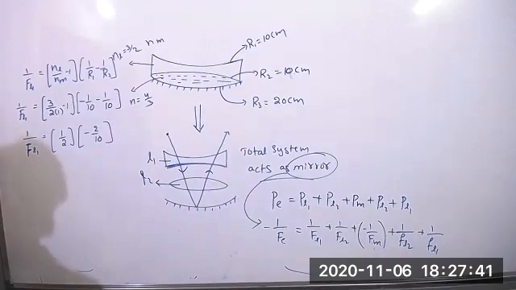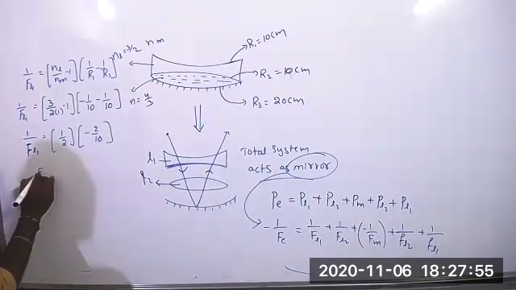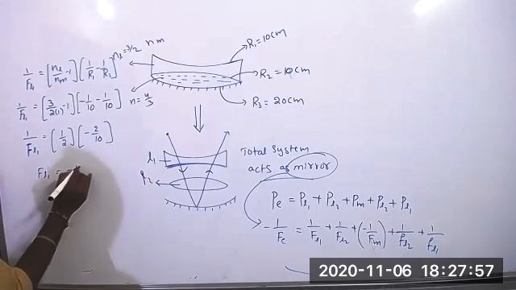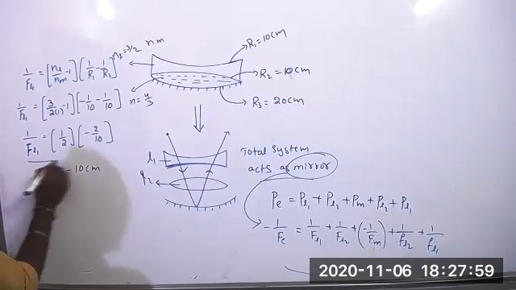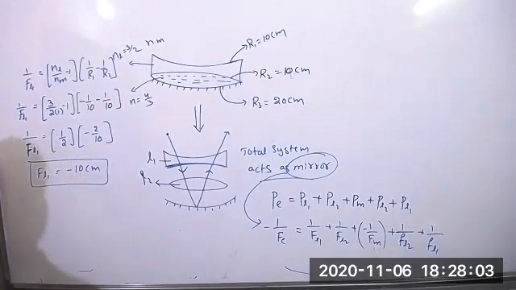FL1 equal to minus 10 centimeters, because concave lens you will get focal length minus only. So you got minus.